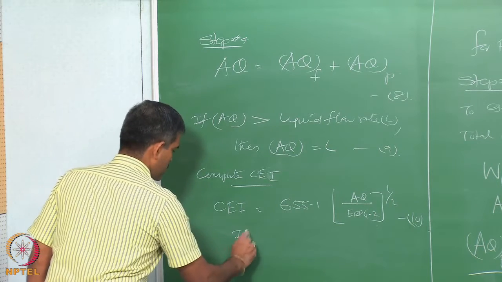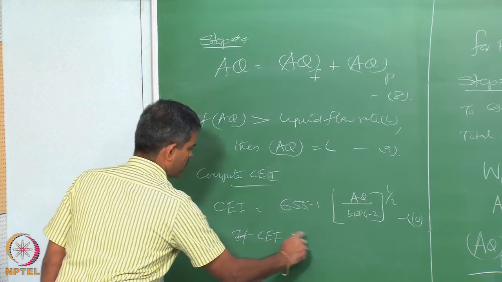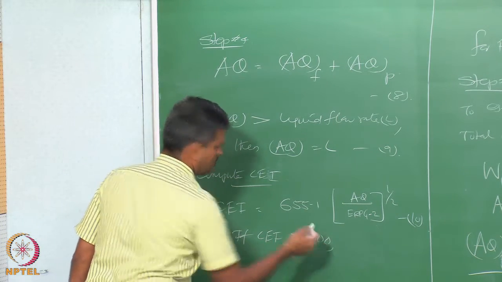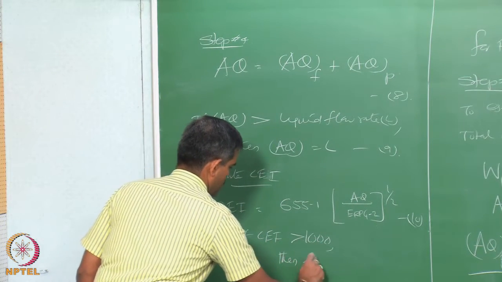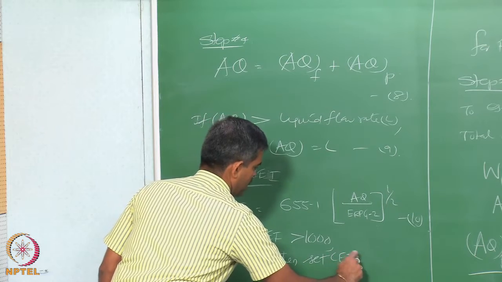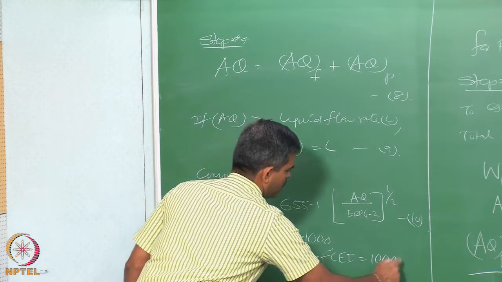If the Ci computed from the above equation exceeds 1000, then set the index as 1000; it cannot be more than 1000.